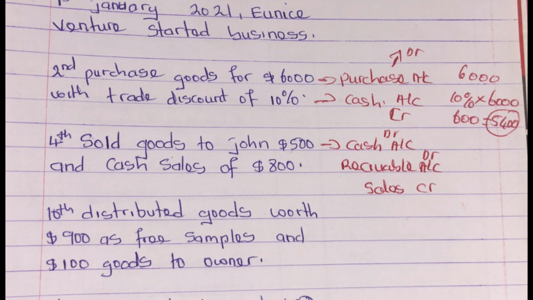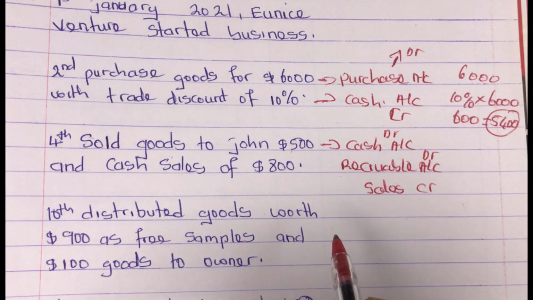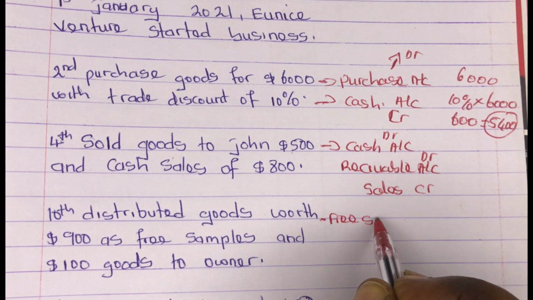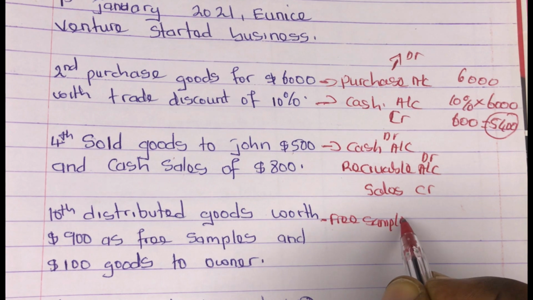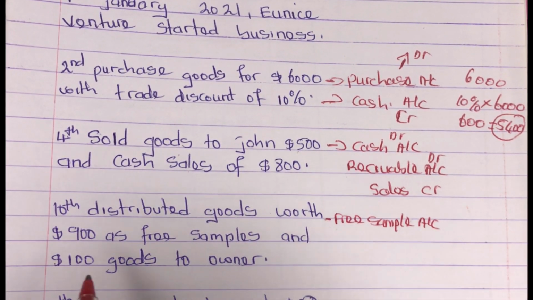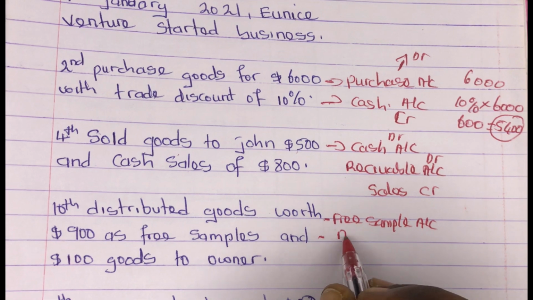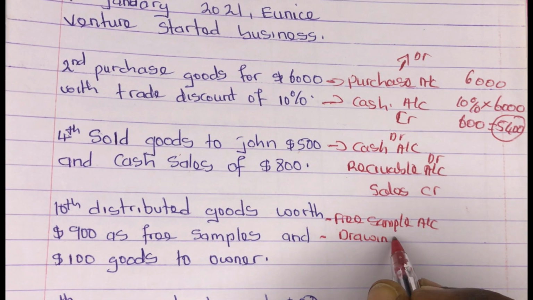So which accounts are affected in this transaction? So we have the free sample account. We have drawings. When you give goods to the owner, or when the owner withdraws or takes goods or cash from the business, in accounting we call it drawings.